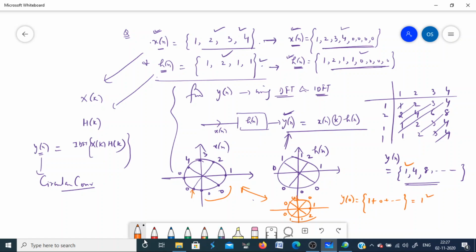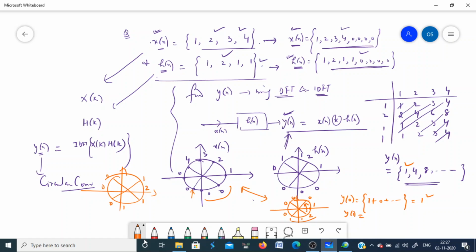Okay, let's verify one more sample. If I find y1, after folding we have to shift it by 1 unit. If I shift the folded signal by 1 in the counterclockwise direction, what will I get? 1 will go here. This is 2, then 1, then 1.